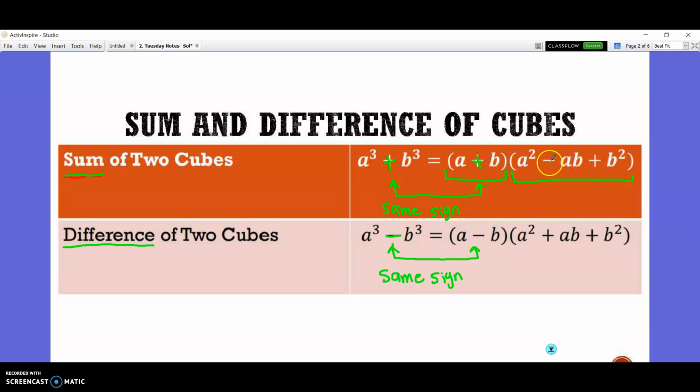The next one after that, for the sum, it's subtraction. For the difference, it's plus. So for this second sign, it's the opposite sign. This one is the opposite.